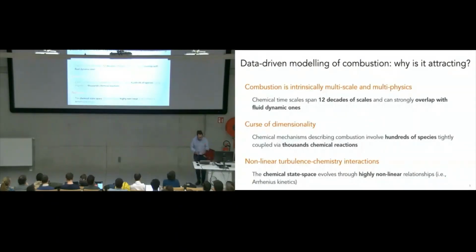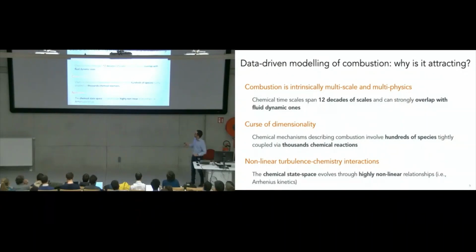Okay, so why is data-driven modeling interesting for combustion? For the people who are interested in combustion and those who are not, maybe this is trivial, but I would like to motivate why this is interesting. Combustion is intrinsically multi-scale and multi-physics. You know that it combines heat transfer, chemical kinetics, and fluid dynamics.